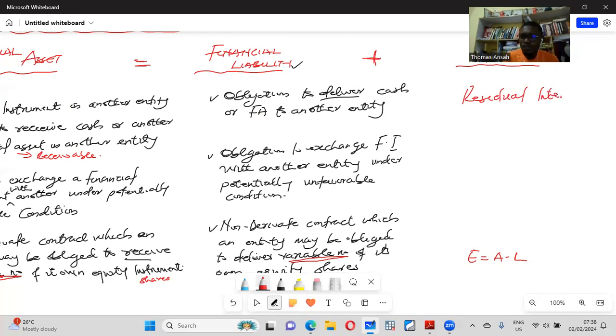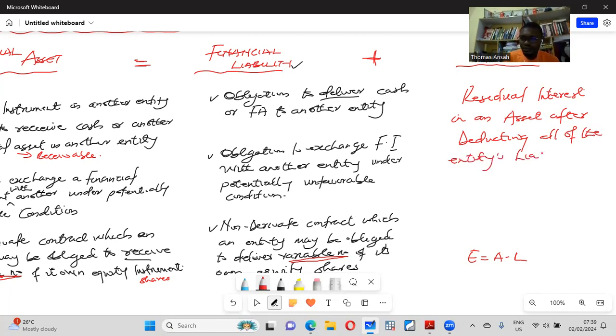Residual interest is what you will get in an asset after deducting all of the entity's liabilities.